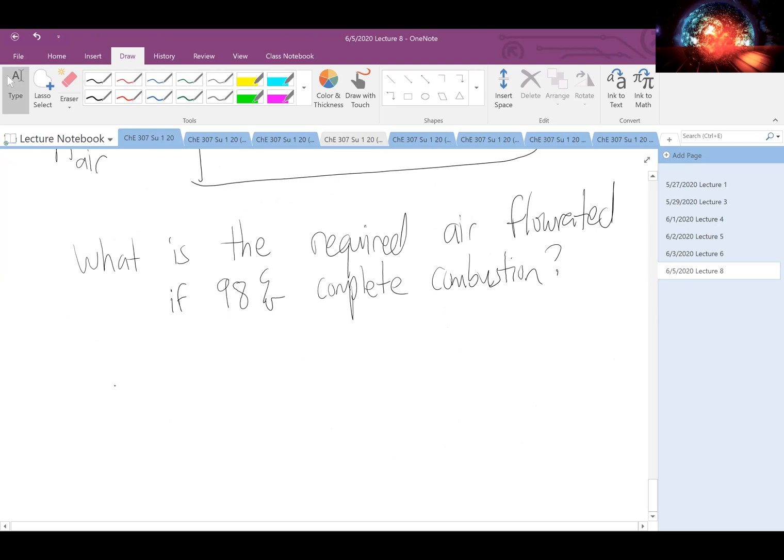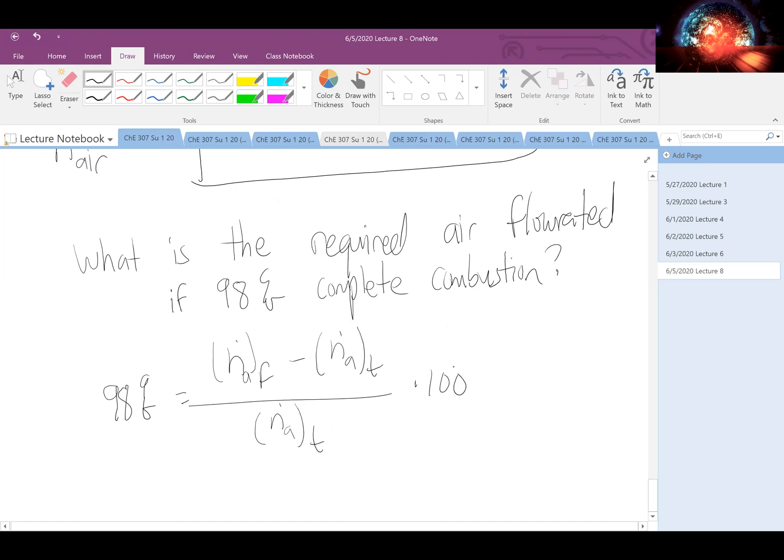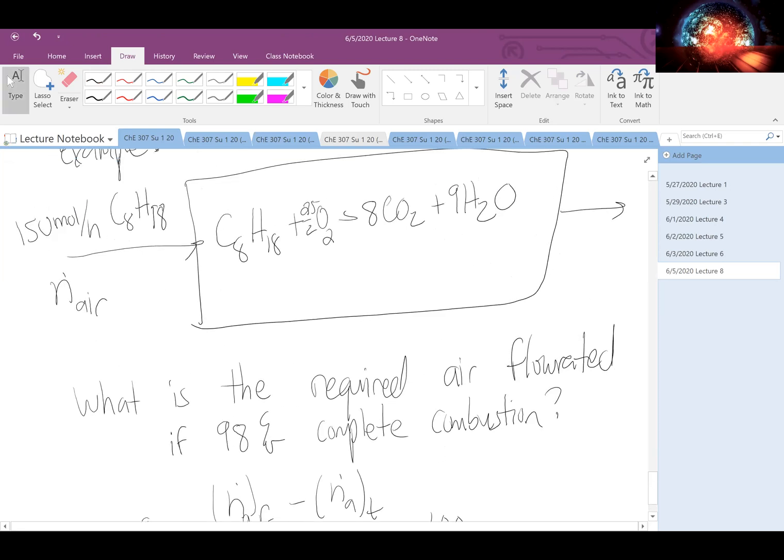Well, that 98% should equal my flow rate fed minus my theoretical over my theoretical. So I have to find the theoretical flow rate of air needed. So for 150 moles per hour of octane, what is my required flow rate of oxygen?